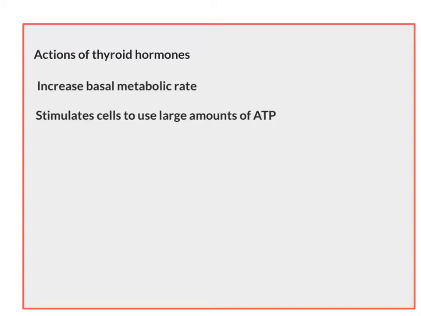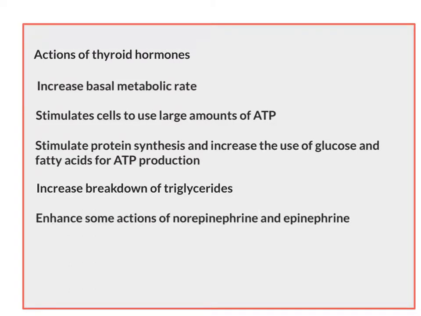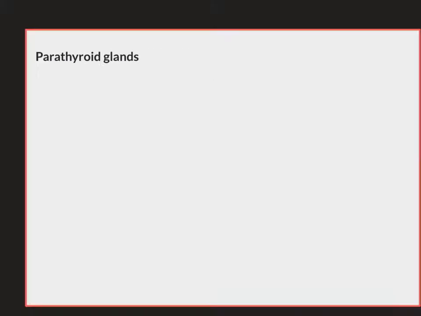They stimulate protein synthesis and increase the use of glucose and fatty acids for ATP production. They increase the breakdown of triglycerides. They enhance some actions of norepinephrine and epinephrine. And they can stimulate body growth, particularly the growth of the nervous and skeletal systems.